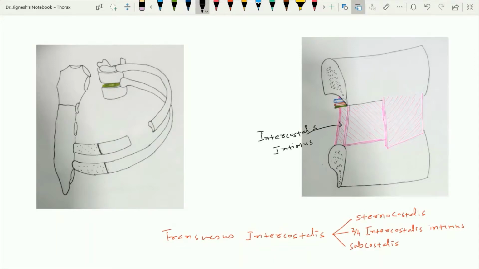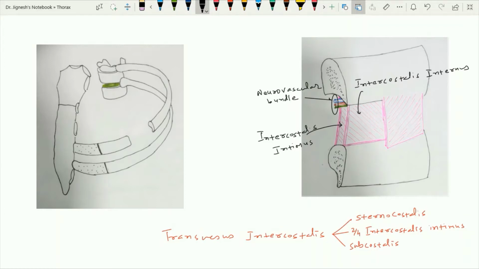Intercostal nerve and intercostal vessels are present between the intercostalis intimus and intercostalis internus muscle. So that's why the neurovascular plane is between these two muscles, that is the second and the third layer of the intercostal space, between the intercostalis internus in front and intercostalis intimus behind.